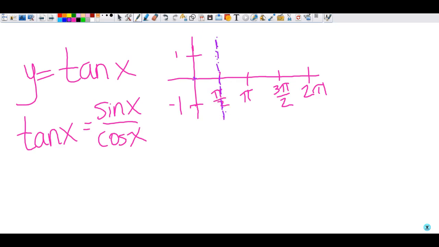Then back at pi, we've got 0 over -1, so we're back at 0. Then at 3 pi halves, we're going to be undefined again. And then we're going to be back at 0. Okay, so that doesn't give us a great shape. Now we've already graphed it, so you have an idea that it looks kind of cubic-y, an odd function shape.